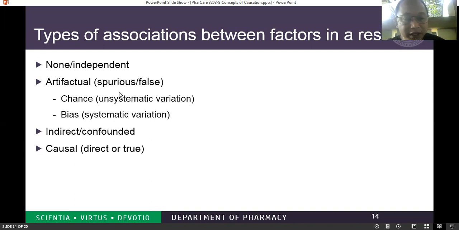And then the second one is the artifactual, the spurious or false association. We may have chance as well as bias. I will explain in the next slide. And then we may have indirect or confounded associations.